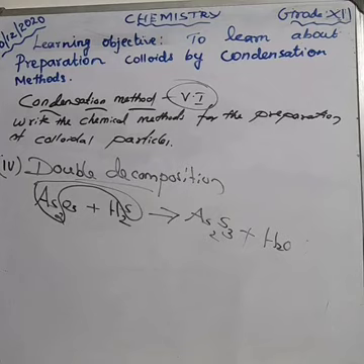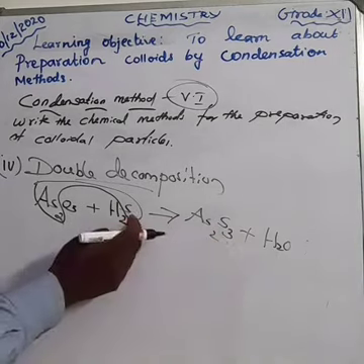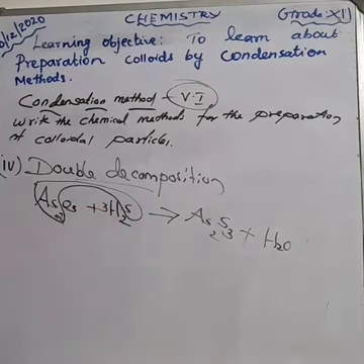Sulfur: the reactant side has only one sulfur, the sulfide has 3 on the product side. So make it 3 in the hydrogen sulfide. Now arsenic sulfide is balanced.